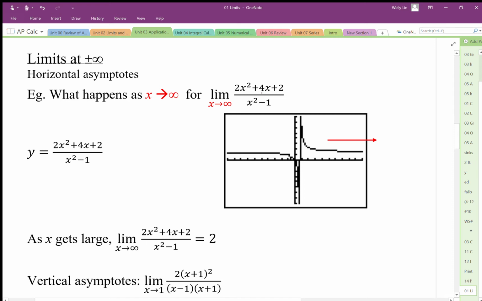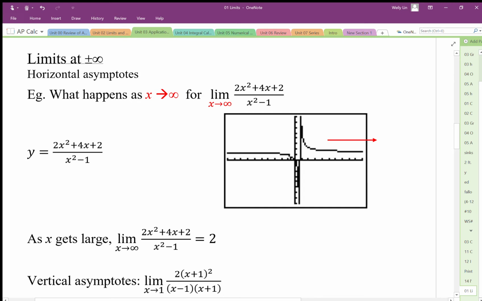Well, at really large values of x, this plus 2 and minus 1 really aren't very significant. 10 billion squared minus 1, that minus 1 has very little effect. If I have an x squared here, 10 billion squared plus 2, that plus 2 has very little effect.